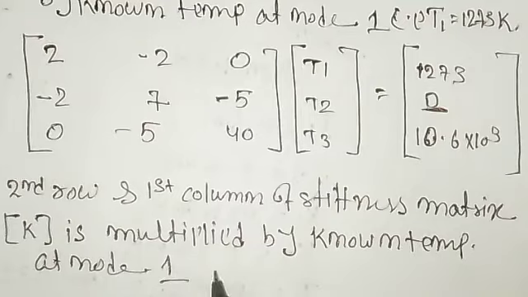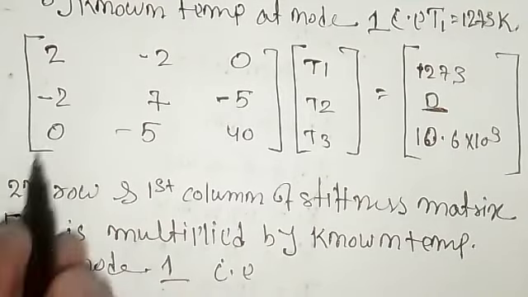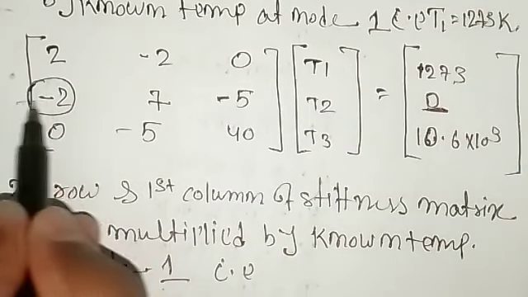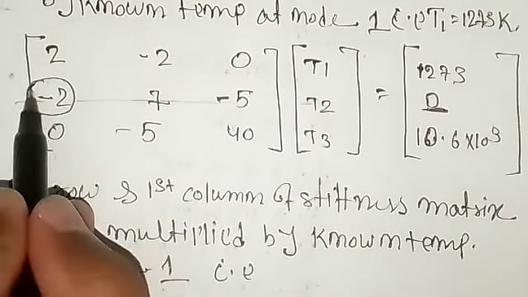You can say the second row and first column is this one, right? This is the second row and this is the first column.